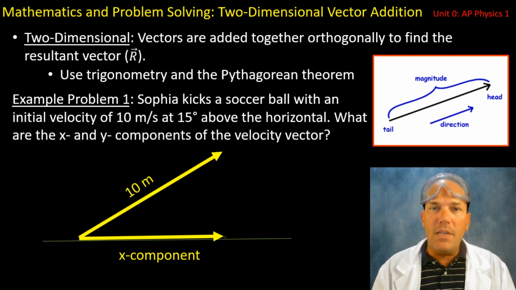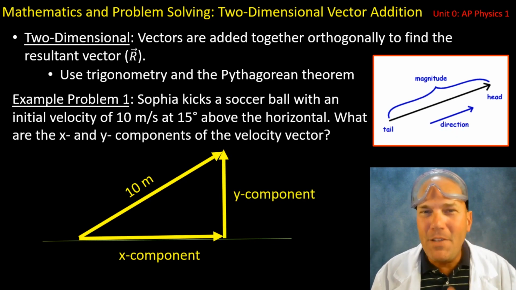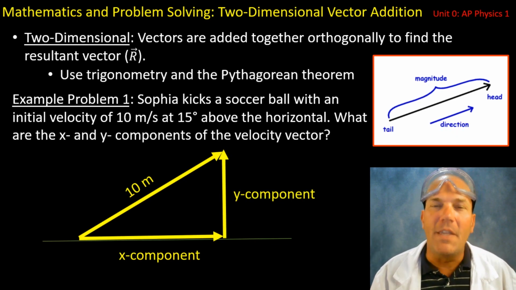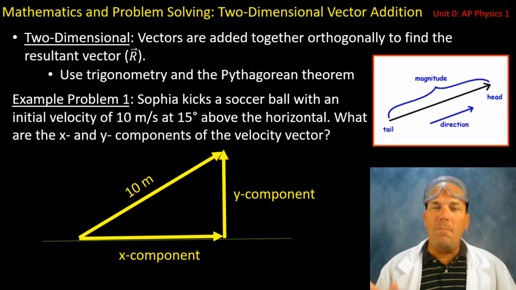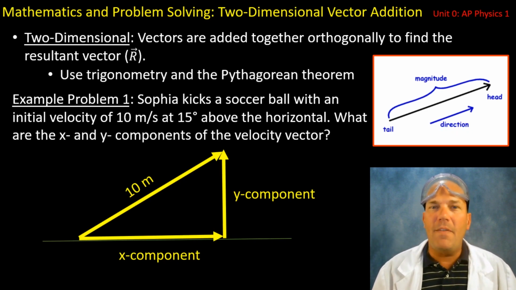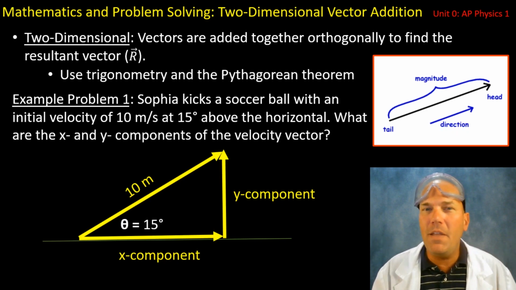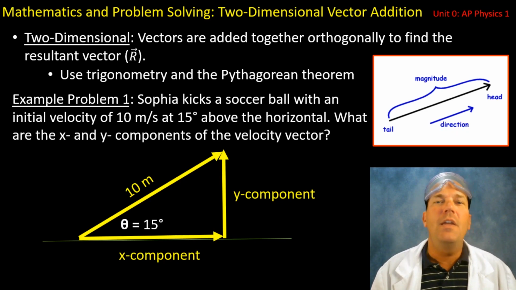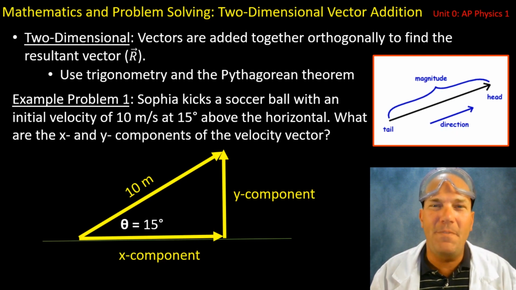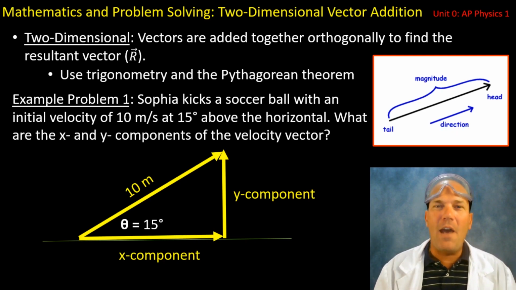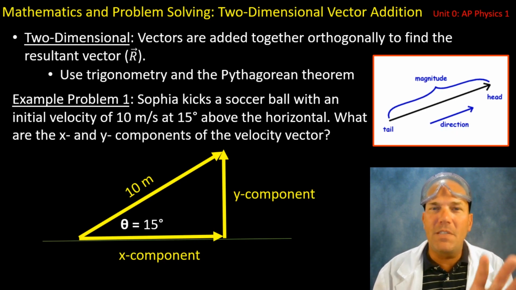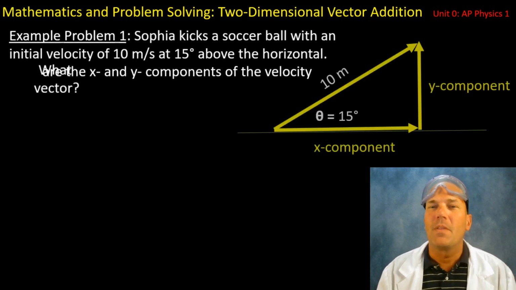The ball does fly in the y direction, or vertically. And you can see when I put this together, I have a right angle triangle. Now we're given our angle theta above the horizontal to be 15 degrees. So now we have a plan for solving this problem.